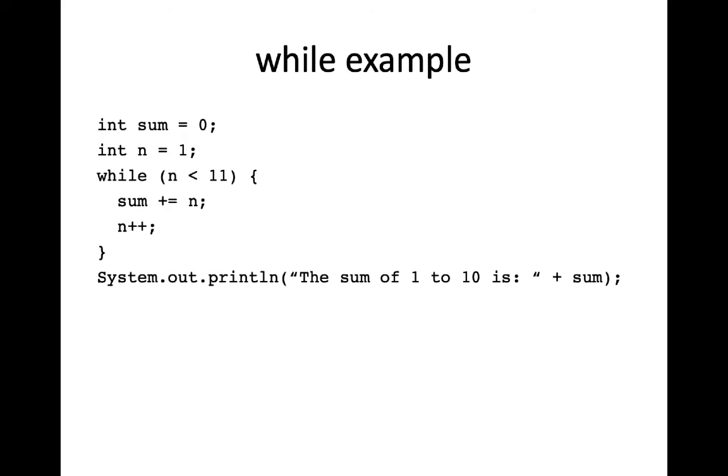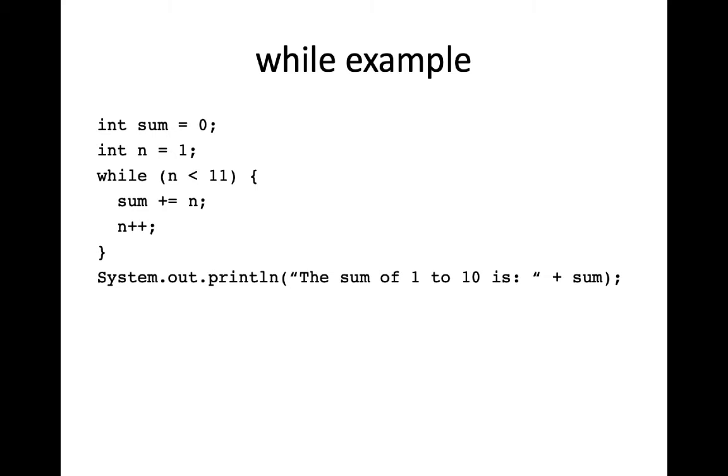So for example, here is a while loop that sums the numbers between 1 and 10, right? We start off with the summing variable that we set to 0 and a counting variable that we set to 1. We have our condition, n is less than 11. If that's true, then we add n to sum and then increment n. And we go back to the top. We look at n again. Okay, that's going to happen 10 times.